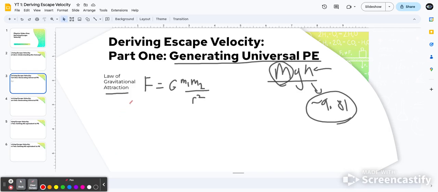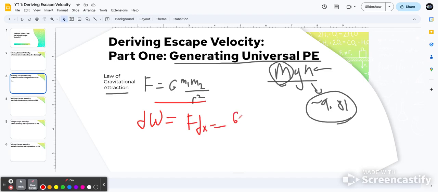Now we're going to use a simple concept of work and energy in order to take the body from the planet at point E to point F. We need to fight against this gravitational attraction, so the work will be done by taking the derivative of this equation, as shown.